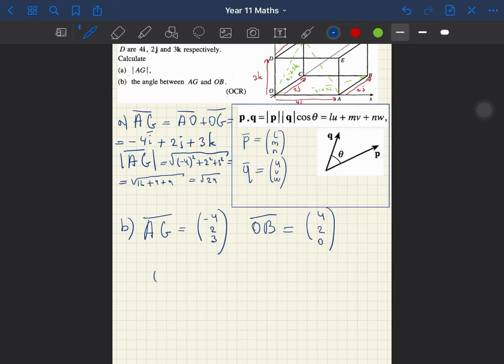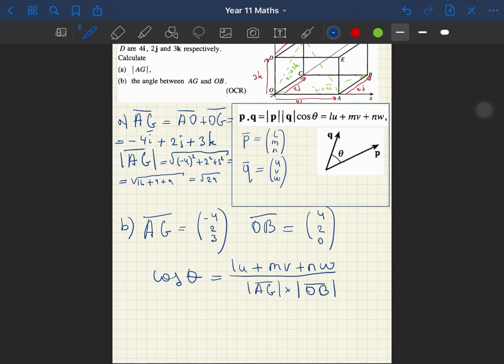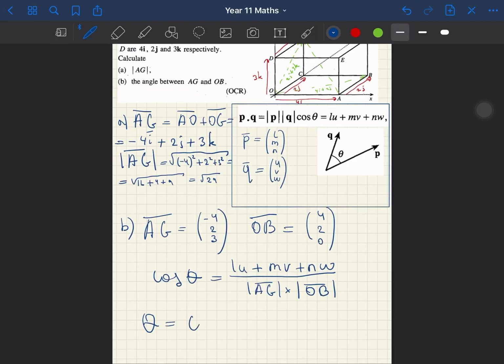And then the angle would be cosine theta is equal to LU plus MV plus NW divided by P times Q. So in this case it's AG times OB, right? So then the angle is going to be equal to cosine inverse of all this, and let's find it.